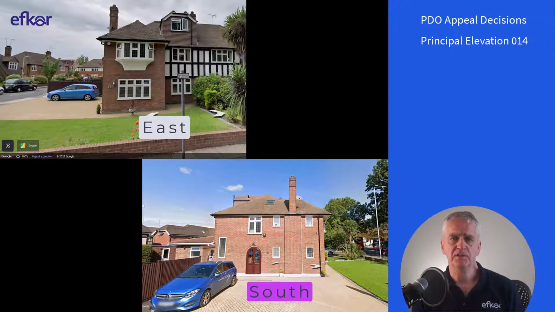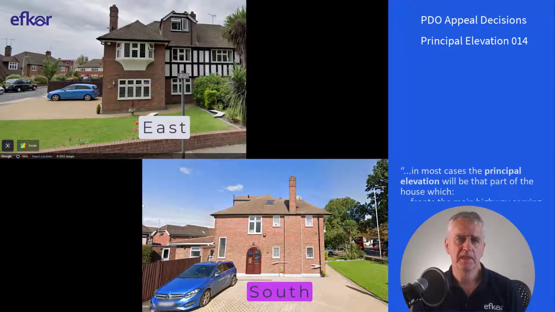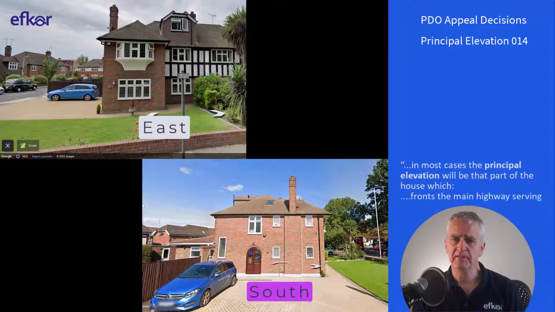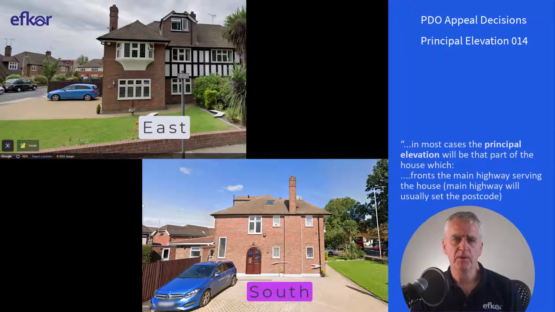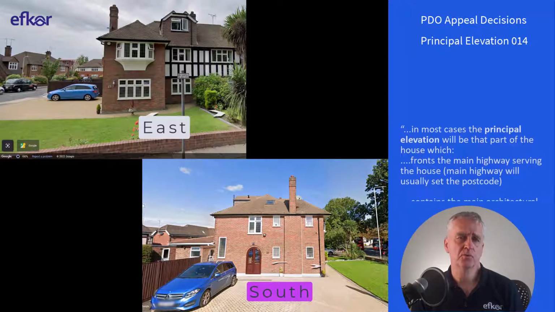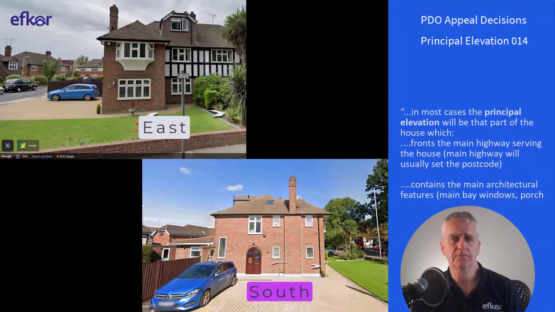Upon appeal, the inspector's first task was to decide which elevation was the principal elevation. The technical guidance offers some help in deciding the principal elevation. In most cases, the principal elevation will be that part of the house which fronts the main highway serving the house, so the main highway will usually provide the postcode.